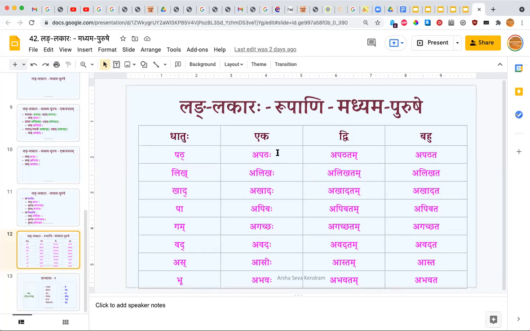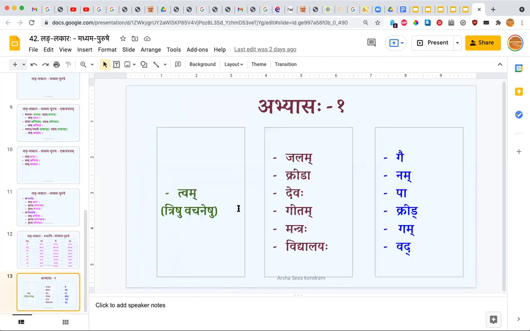So ekavachana will end in visarga, dvivachana will end in tam, bahuvachana will end in ta.